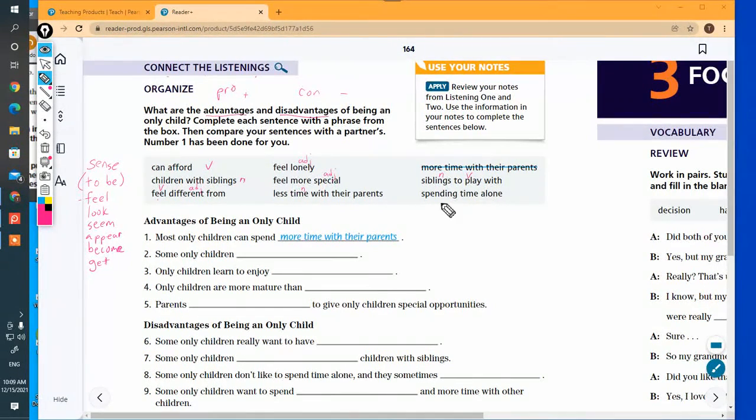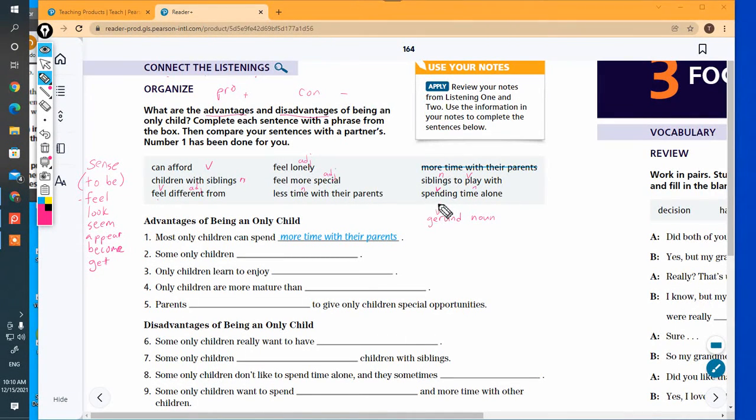Spending time alone. So this is a verb in ing. And when it's like this, it might function as a gerund noun. Time is a noun, and alone is an adjective. So if you're not sure what that is, a gerund noun is when a verb in ing can function as a noun.